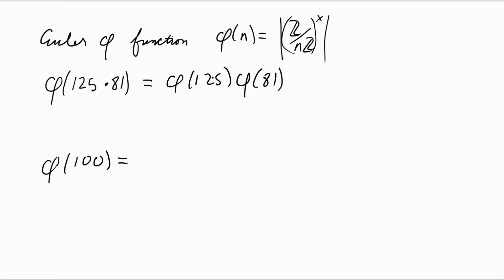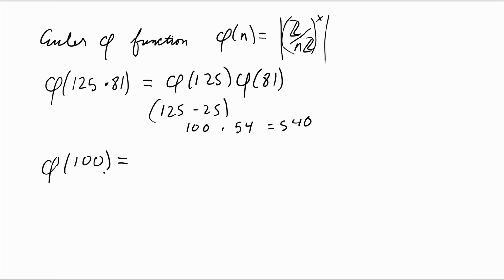A fifth of 125 is 25. So it's 125 minus 25, okay, which is just 100. And then you take phi of 81, which we computed as 81 minus 27, which we said was 54. So 100 times 54 is simply 540. All right, so that means we have just computed the size of the multiplicative group mod quantity 125 times 81.